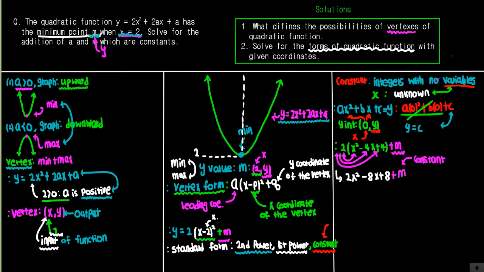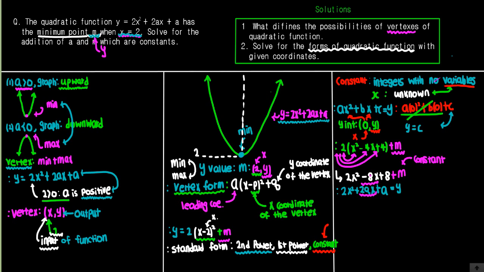So our original function that we already solved for was 2x squared plus 2ax plus a, and that is equal to y. So 2x squared and 2x squared are the same. And for negative 8x and 2ax, there is some difference.